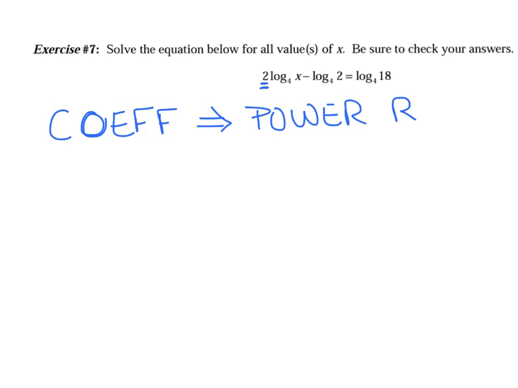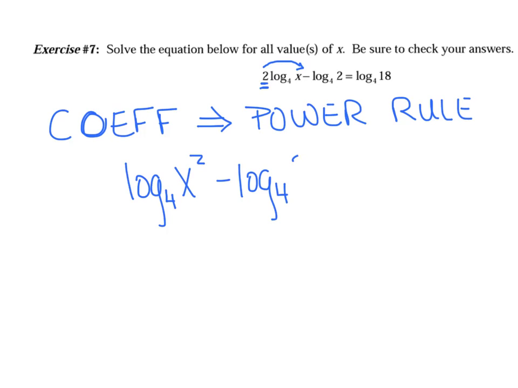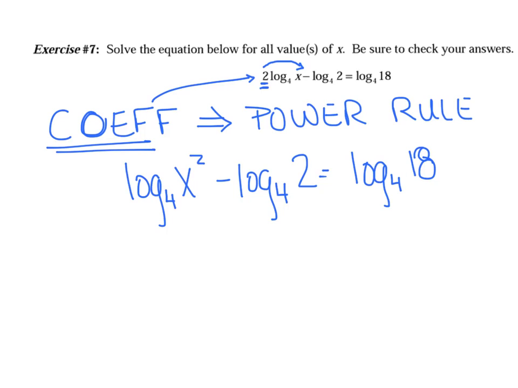We have to use the power rule or the power law, whatever you want to call it. Now remember, the coefficient can travel back to the exponent, and I'm going to rewrite that first term as log base 4 of x squared. So non-negotiable, we are going to have to use the power rule first, and that's every time you see a coefficient sitting in front of that log right there.